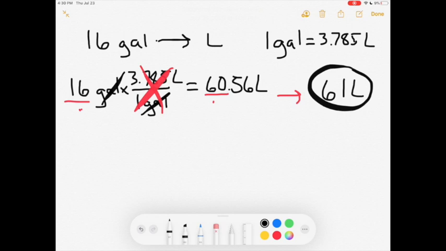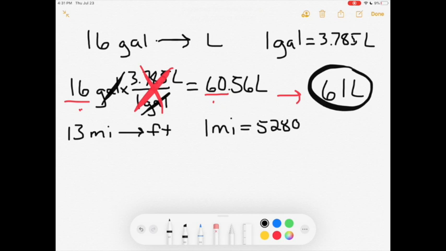Then we're going 13 miles to feet. We do have a conversion factor for that: 1 mile is equal to 5,280 feet. We start with our given, which is 13 miles.